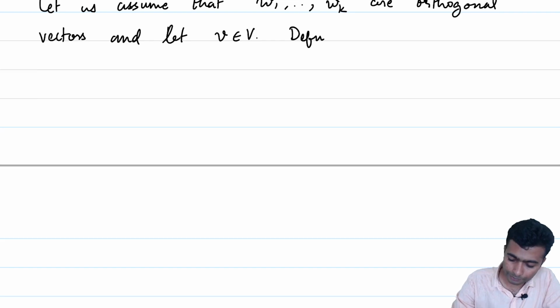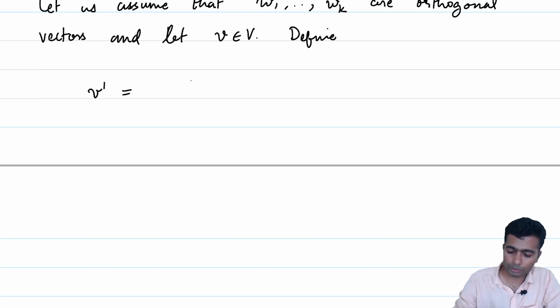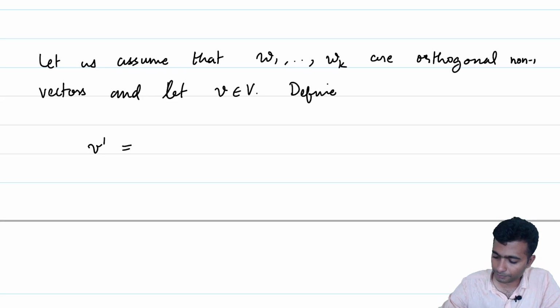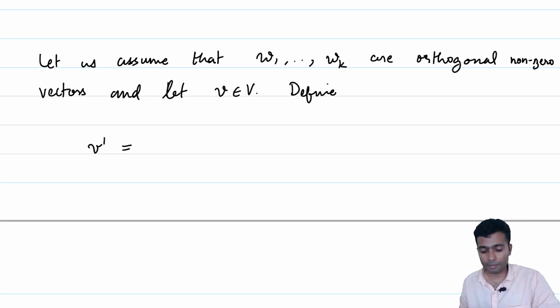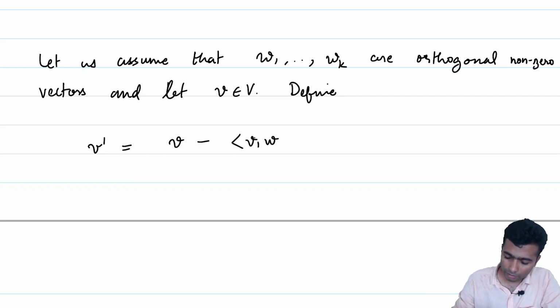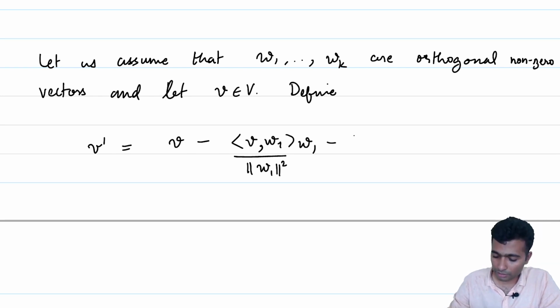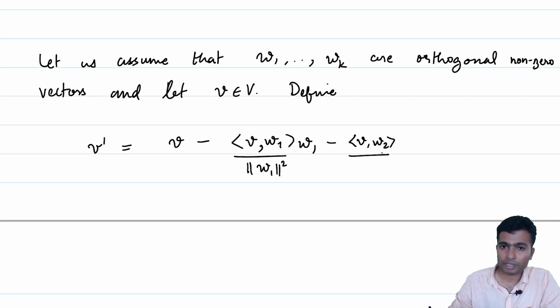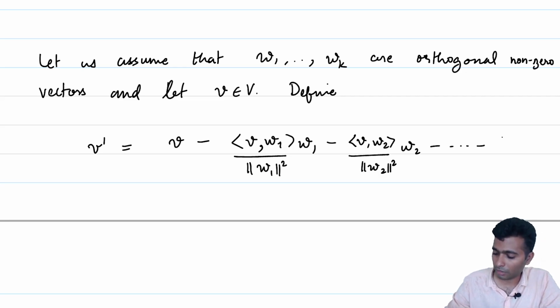So, define V prime, orthogonal and non-zero, to be equal to V minus the inner product of V comma W1 by the length of W1 square times W1, minus V inner product with W2 by the length of W2 square times W2, minus up to V with Wk by the length of Wk square times Wk.